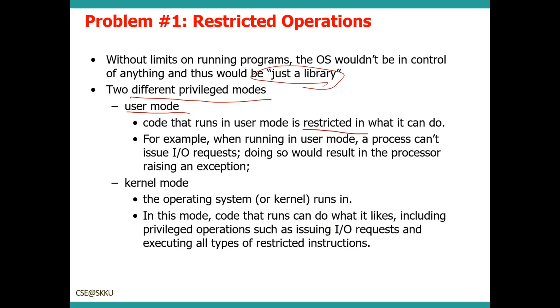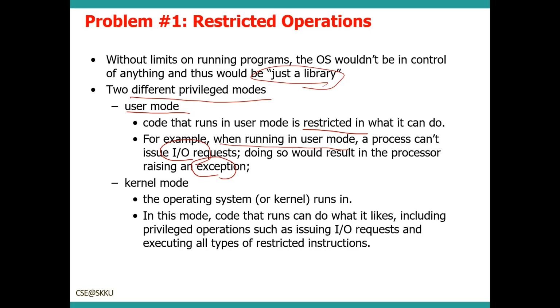For example, when running in user mode, a process cannot issue IO requests. Doing so would result in the process raising an exception. So if a process tries to generate an IO request in user mode, it generates an exception, and then the operating system can gain control.